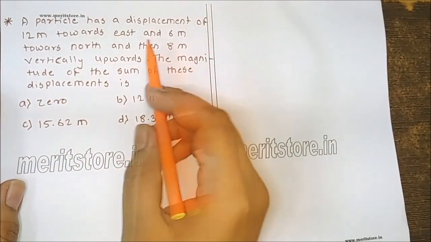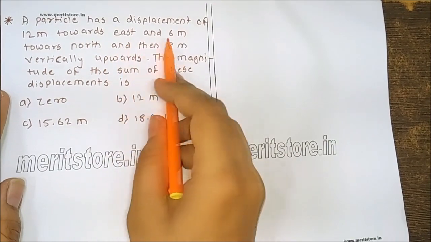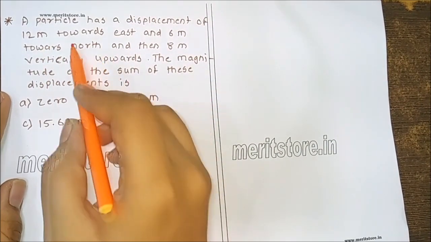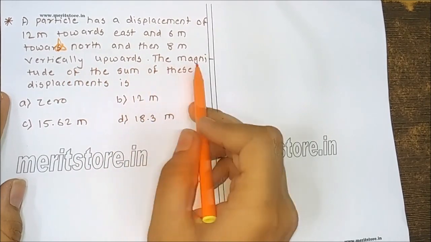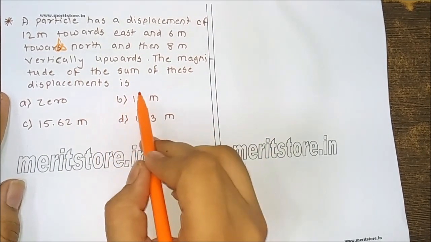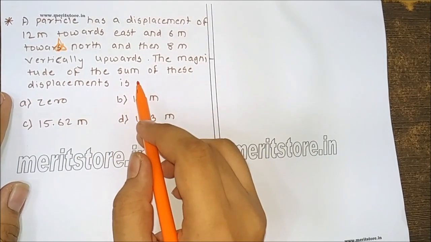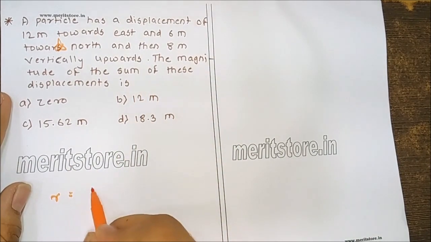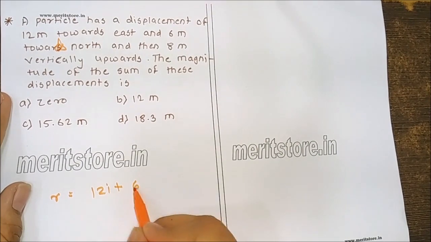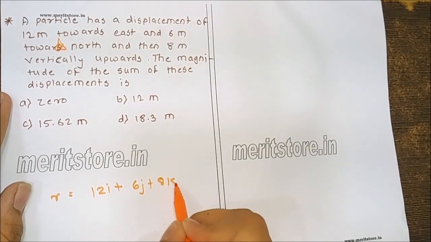A particle has a displacement of 12 meter towards east and 6 meter towards north, and then 8 meter vertically upwards. The magnitude of the sum of these displacements is... Now to solve this question, we know R is equal to 12i plus 6j plus 8k.